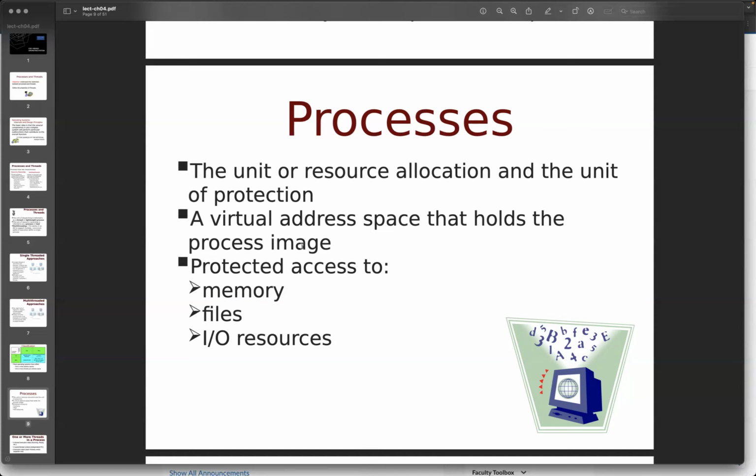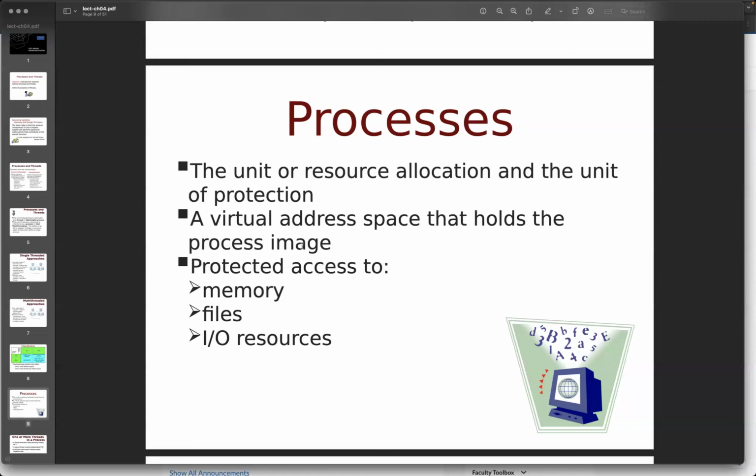And also it protects access to the memory, files, or IO resources, because when a certain process is using certain IO, we try not to let others read it. Let's say two processes require access to the IO, the input from the keyboard. Suppose the user input is for a specific application, for process A. If you don't protect it and let process B access it, then it will take the wrong input.